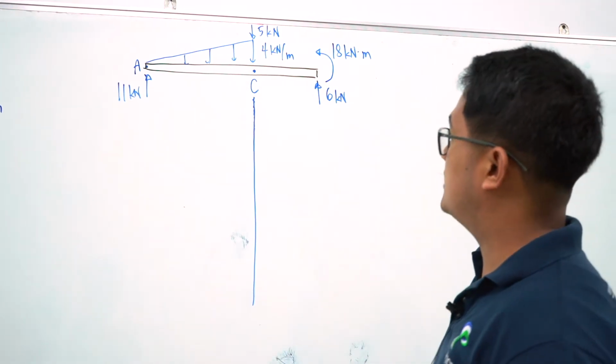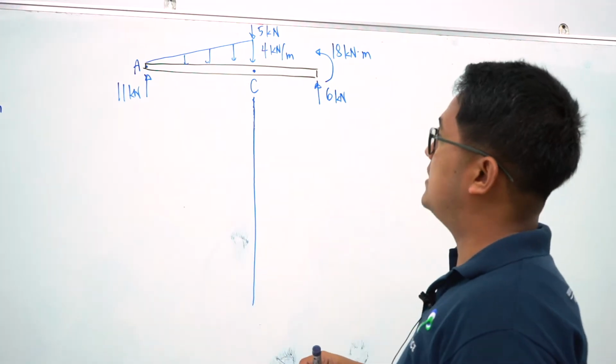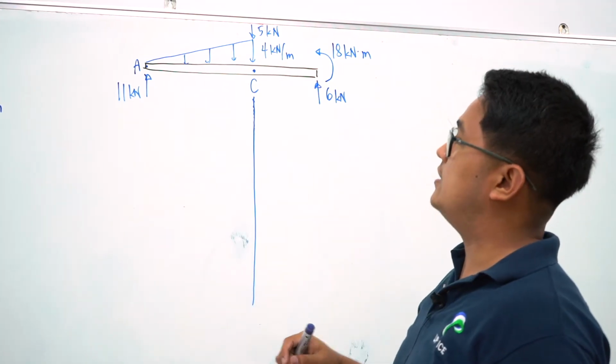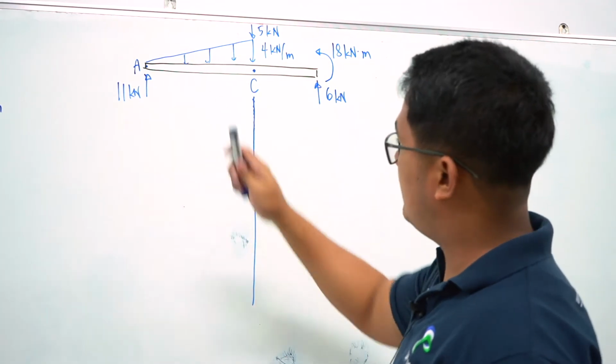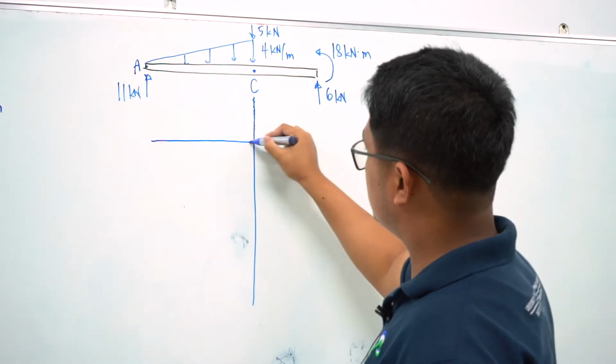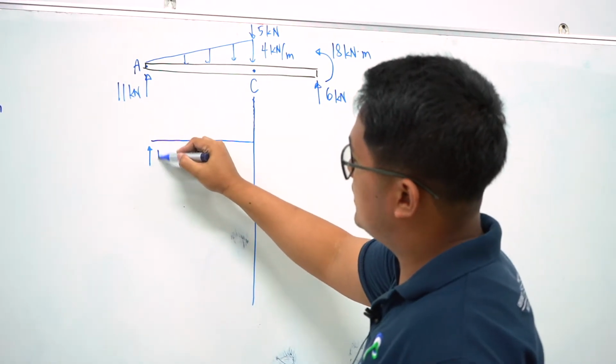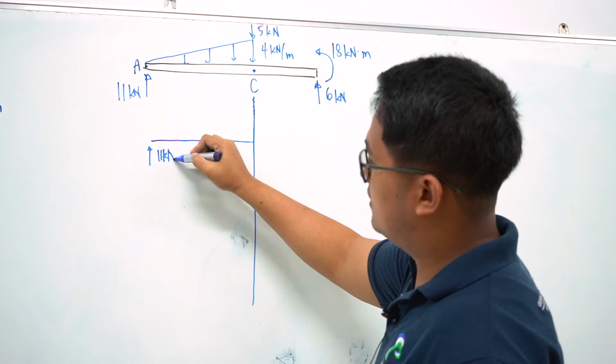Now, if we do this, we can draw the moment diagram contributed by each load, starting with the 11 kilonewton force. So this is the 11 kilonewton force.